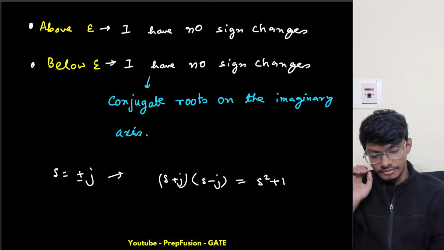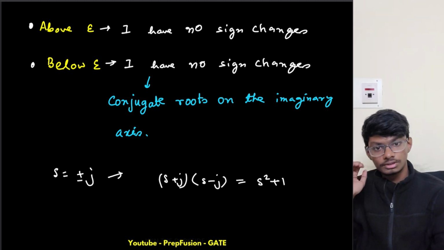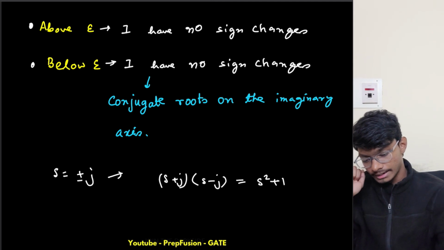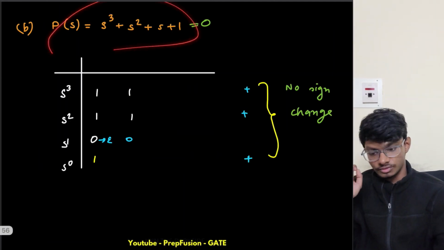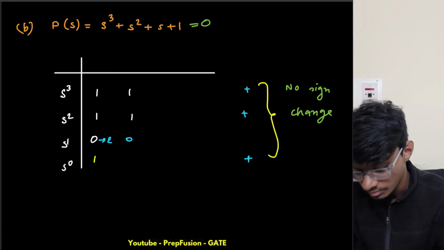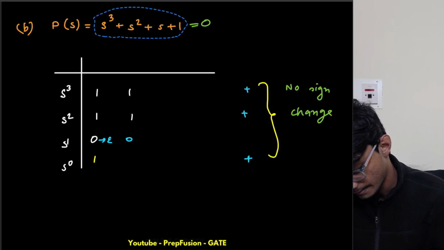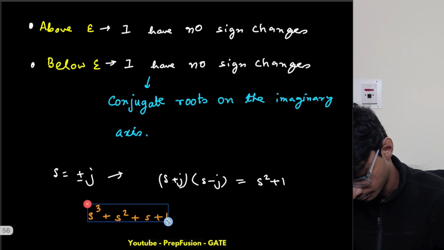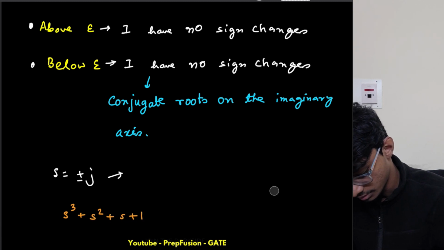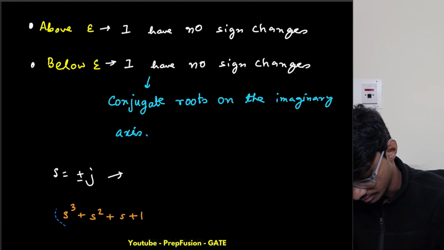So now if this is equal to s square plus 1, what happens? Can I take any term common, s square plus 1 over here? So I can. How? What I should do is copy this one, delete this one. I can rewrite this one like this, right?